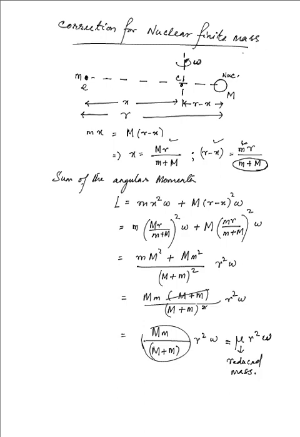If capital M is 100 and small m is just 1, so you have the mass capital M to be 100 times greater than the small m. So 100 times 1 in the numerator divided by 100 plus 1, which is 101. So this is 100 divided by 101, which is nearly equal to 1.